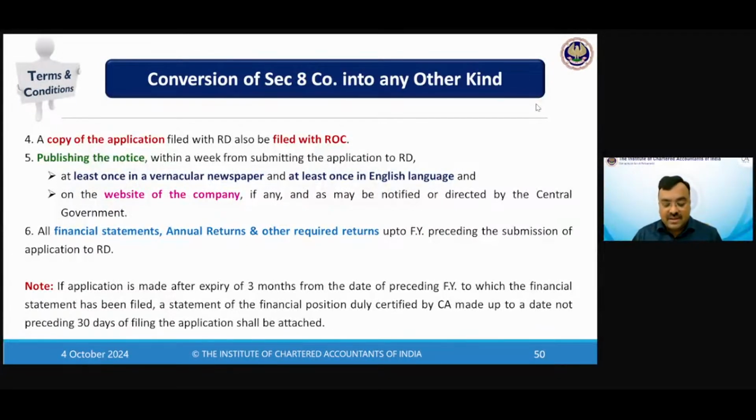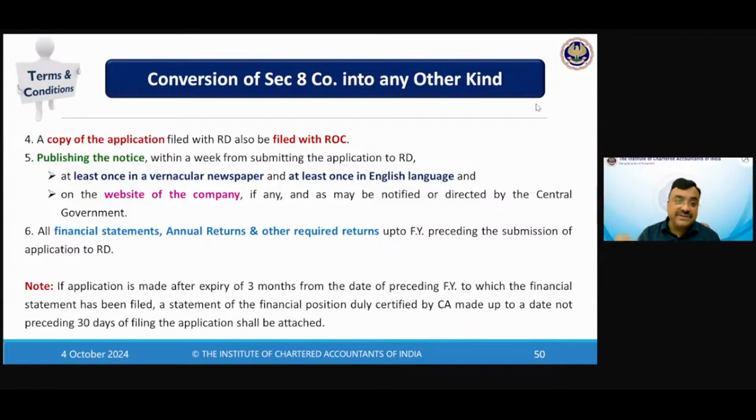Means if the application is going to be made today, that is 4th October, and the previous financial year ended on 31st March 2024, the time is more than 3 months.